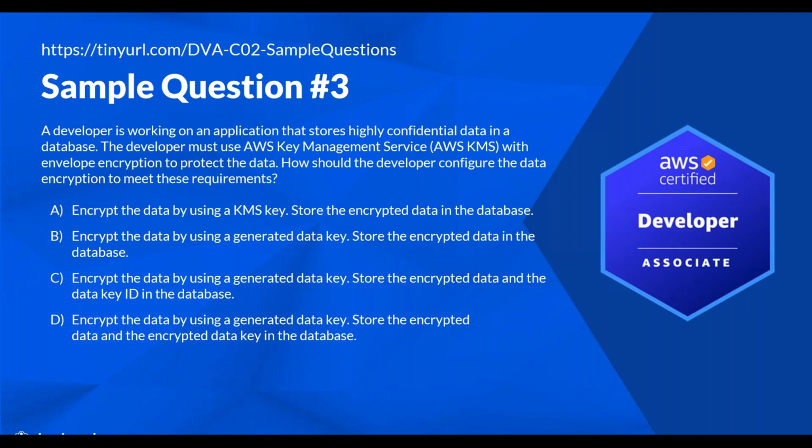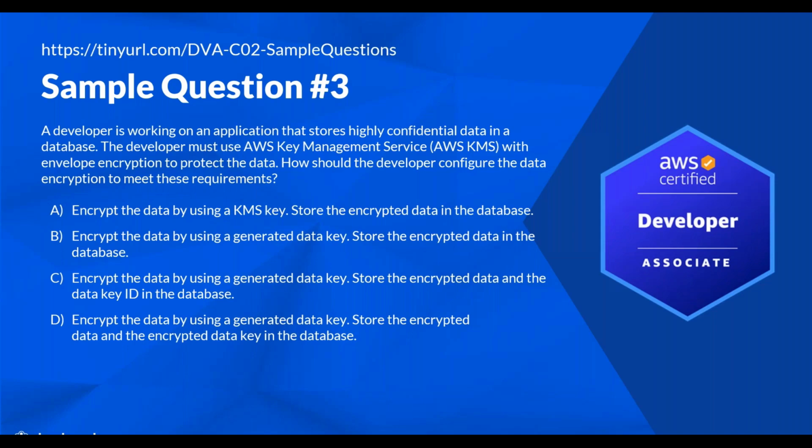So we have: encrypt the data by using a KMS key, store the encrypted data in the database. Encrypt the data by using a generated data key, store the encrypted data in the database. Encrypt the data by using a generated data key, store the encrypted data and the data key ID in the database. And finally, encrypt the data by using a generated data key, store the encrypted data and the encrypted data key in the database.